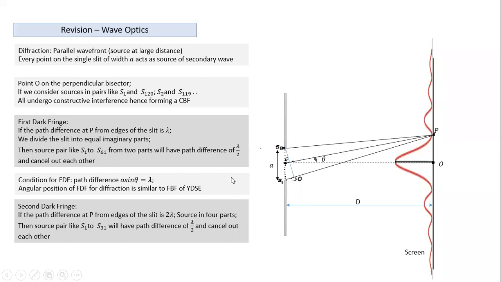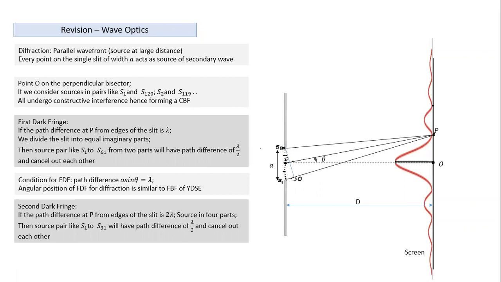How do you find the second dark fringe? This is the method we used to find the first dark fringe. For the second dark fringe, again, let's take a point here. The path difference from the edges of the opening is equal to 2 lambda. In that case, conceptually we divide the slit opening into 4 equal parts. So if in total there are 120 sources, each part will have 30 sources.